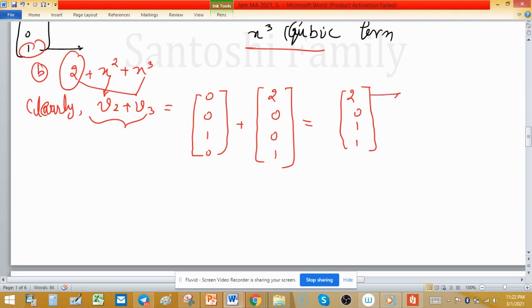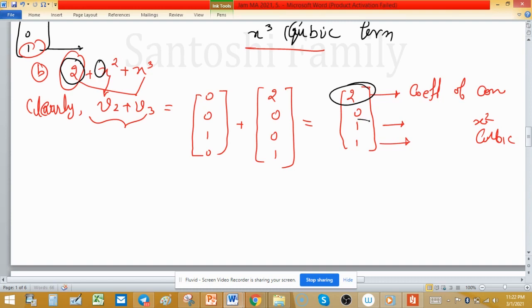This is the coefficient of the constant term, this is the coefficient of the linear term, this is the coefficient of the square or quadratic term, and this is the coefficient of the cubic term. You can check the coefficient of the constant term is 2, and the coefficient of the square term is 1.